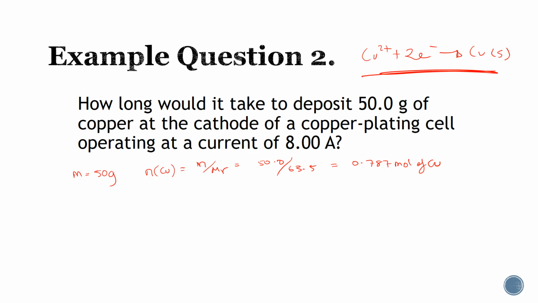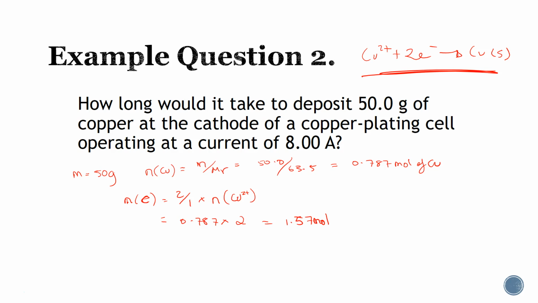Okay, because all things come back to stoichiometry, n of electrons is going to be 2 over 1 times n of copper. So that means it's going to be 0.787 multiplied by 2, which is equal to 1.57 mole of electrons will be required to deposit 50 grams of copper.